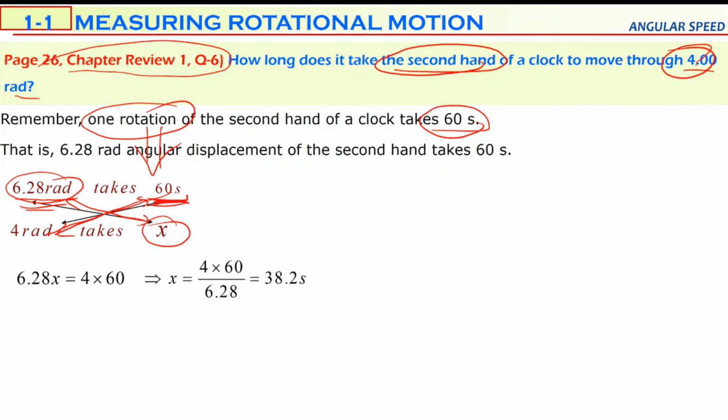Then divide by 6.28. Simplify and you will get 4 multiplied by 60 divided by 6.28, which is 38.2 seconds. So this is the answer. 4 radian rotation takes 38.2 seconds.